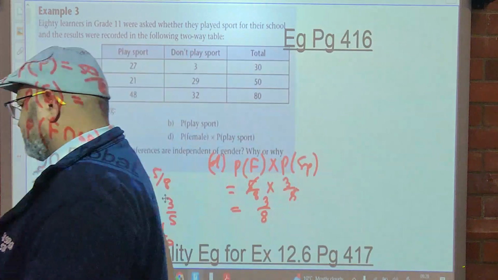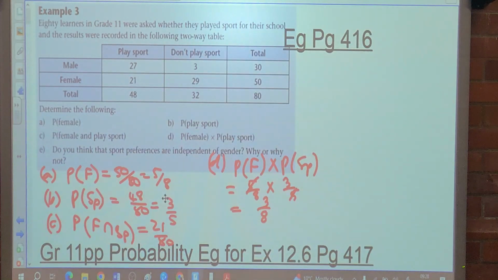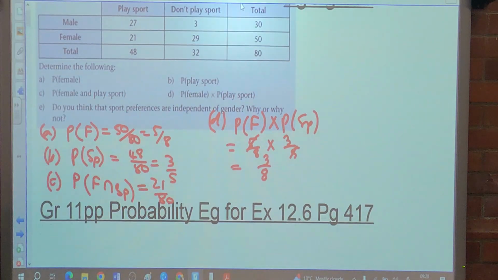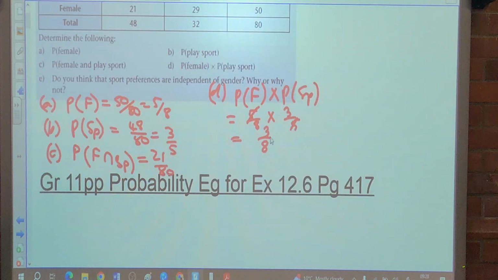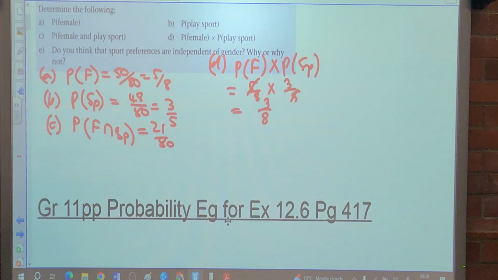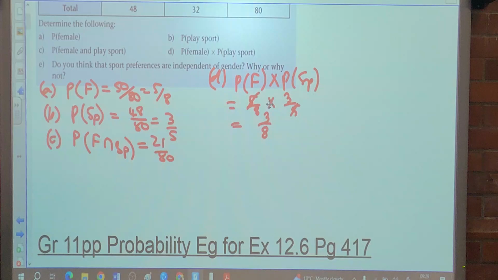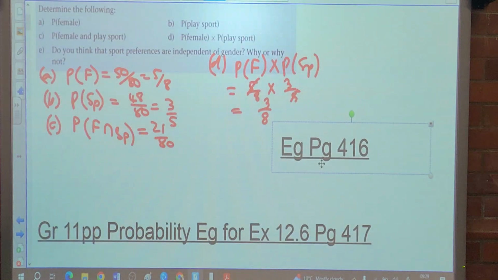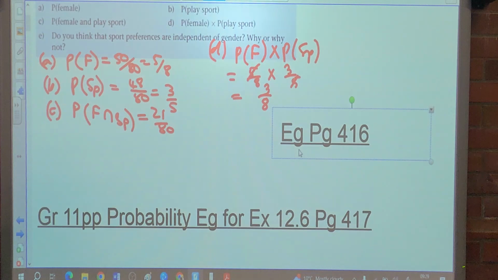Let's look at E. E says, do you think that sport preferences are independent of gender? The question is, why or why not? So what do we know?